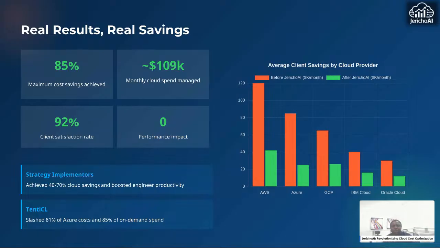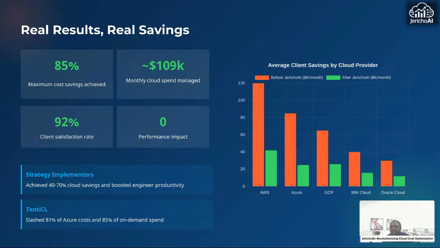No, we take that very seriously. So the product Jericho provides a strategic implementation for you to achieve 40 to 70% cloud savings, of course up to 85%, and boosts engineering productivity. So you don't have engineers analyzing data and doing this rather than building and deploying. At least we save you that part.